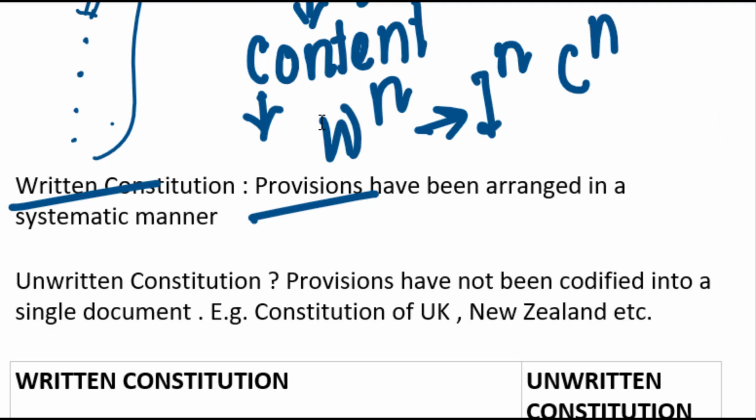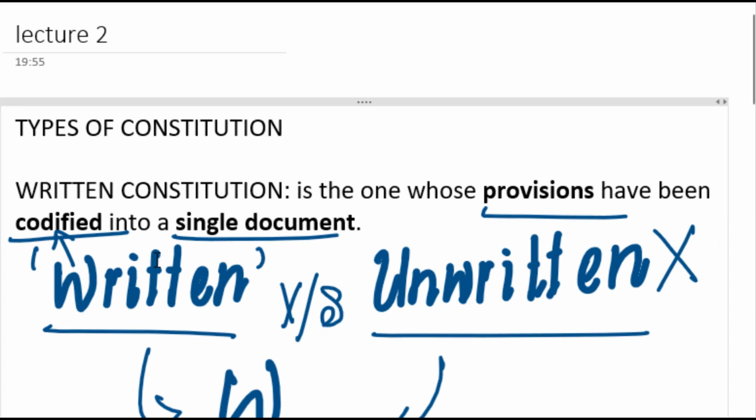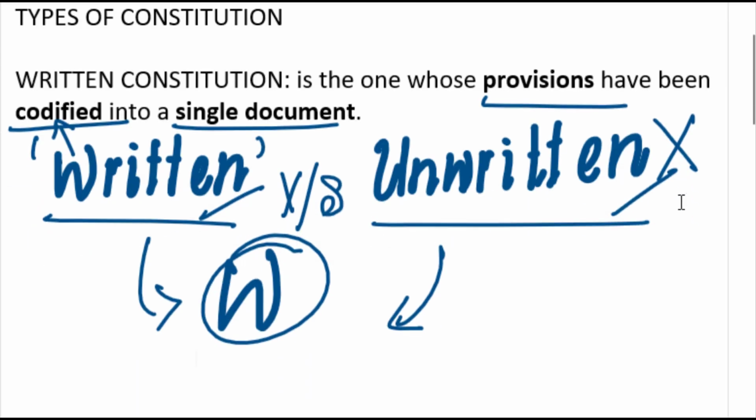Let's just quickly revise. We began our discussion with written constitution and unwritten constitution. We understood that both are written, the written as well as the unwritten constitution. Both are written, but the provisions of the written constitution are also codified.